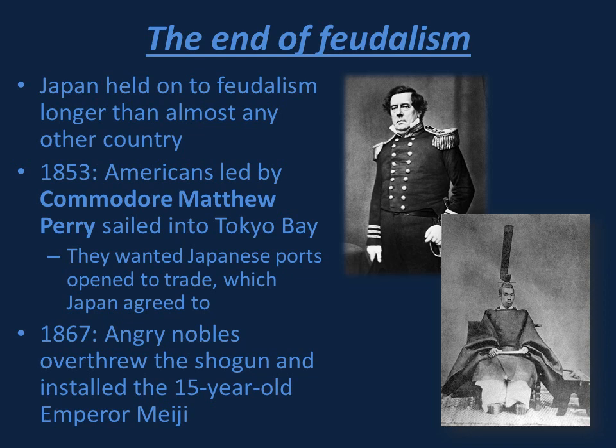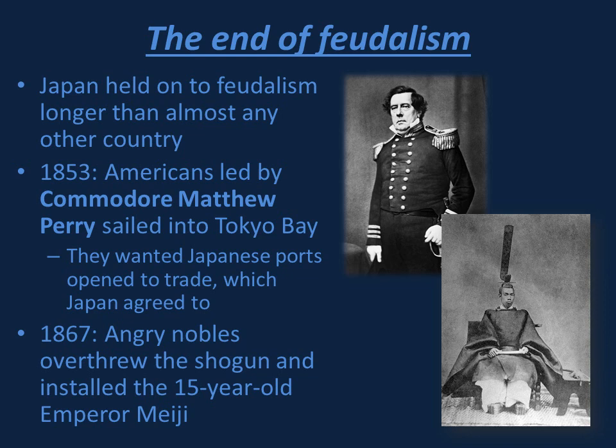Eventually, Japan agrees to this. They end up signing a very unequal treaty in which Americans are given extraordinary civil rights within Japan and trading rights that really favored them at the expense of the Japanese.